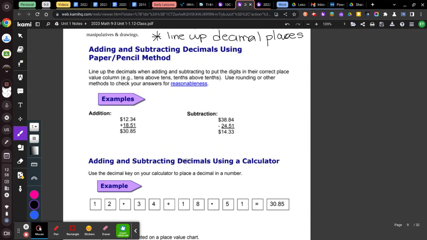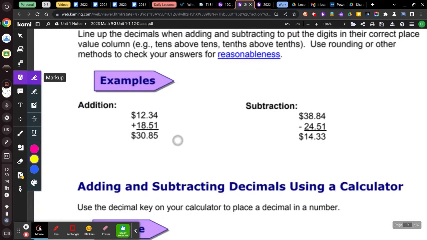So now back to the video. If we have adding and subtracting, you will always be able to use a calculator. Always. So if you have a question and you're adding, you line them up. With these ones, I'm lining up where the decimal is. Once I line up the decimal, I add starting on the right and go to the left.